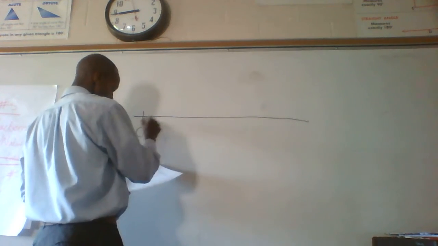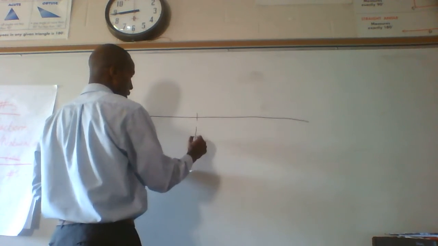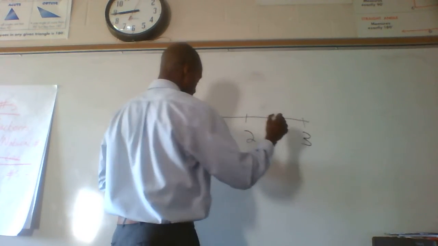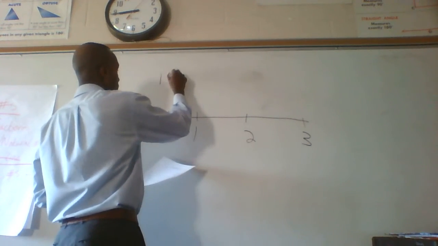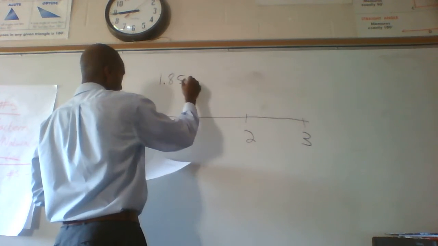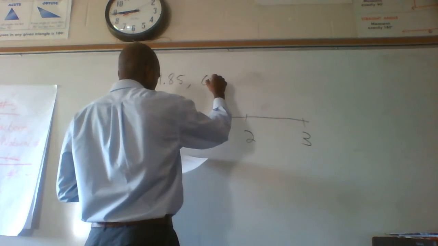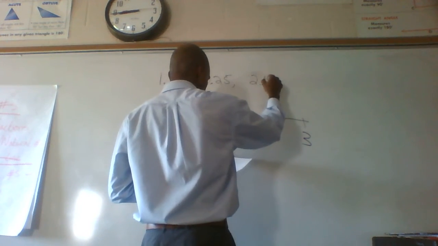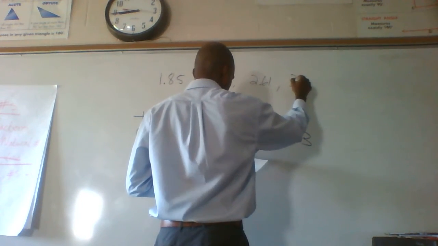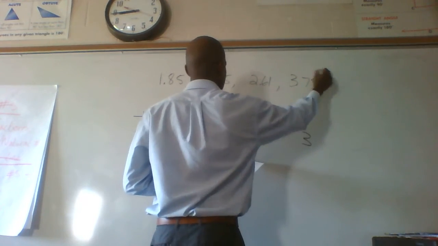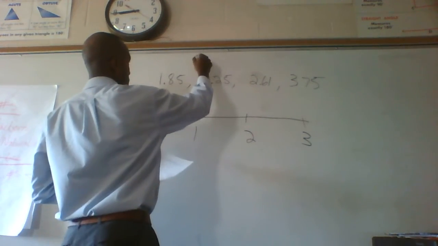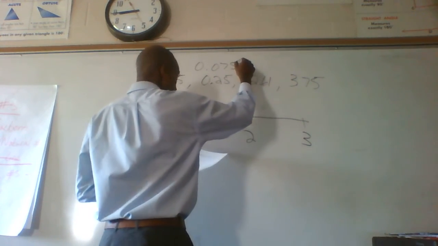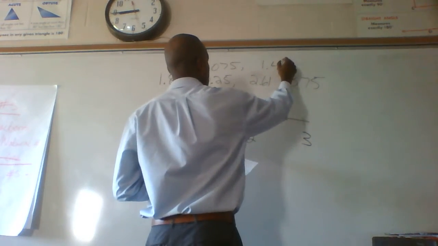So we got 0, 1, 2, 3. So we got 1.85, 0.25, 2.61, 3.75, 0.075, 1.48.